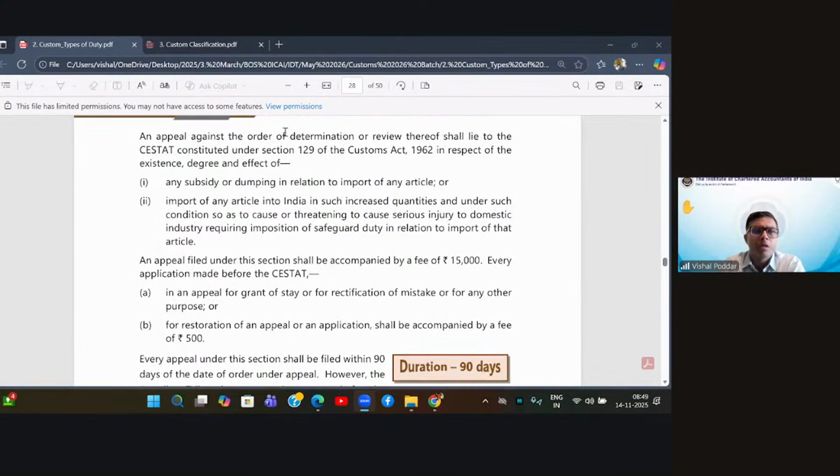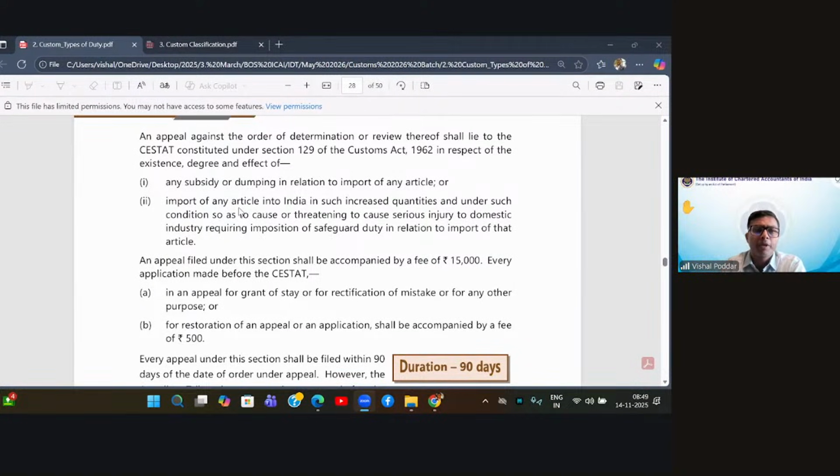Appeal against the order of determination or review shall lie to the CESTAT, which is constituted under this section, in respect of the existence, degree and effect of, one, subsidy or dumping in relation to import. So first you can file appeal to determine whether or not there is existence of subsidy or the quantum of subsidy or the effect, that is whether it is leading to injury.